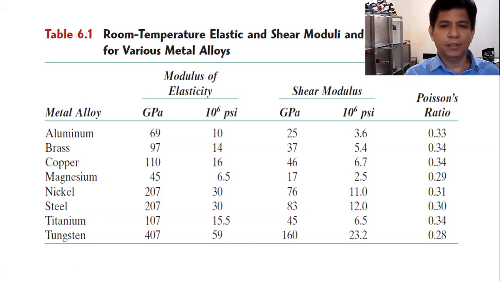So yung ratio ng change ng diameter doon sa engineering strain, yun yung Poisson's ratio. So, aluminum is 0.33 and then steel is 0.30. As you can see, medyo pare-parehas lang naman yung value dito sa Poisson's ratio. So, we will discuss this later.